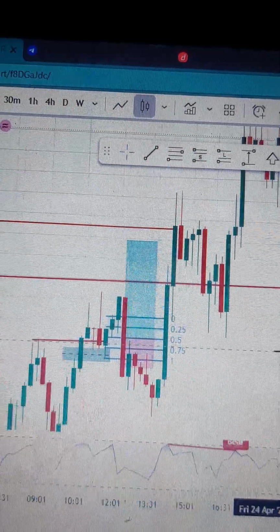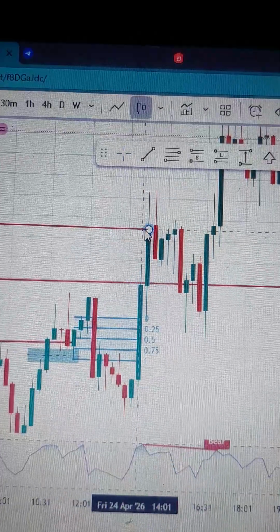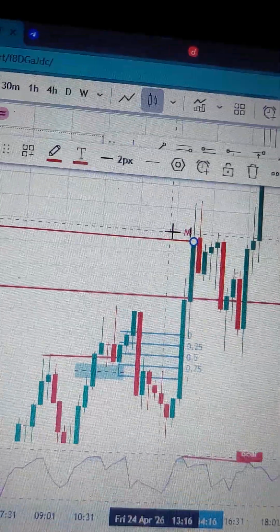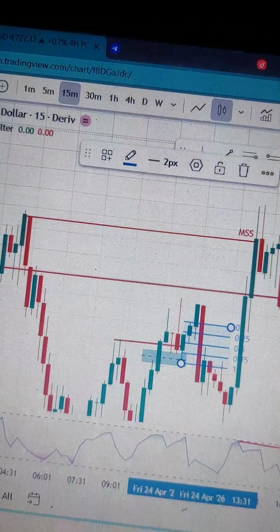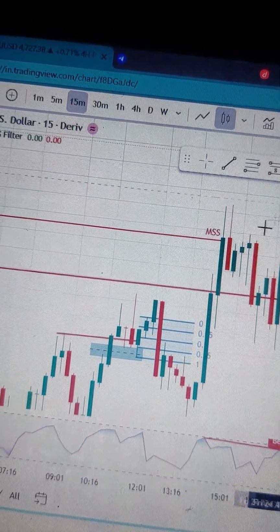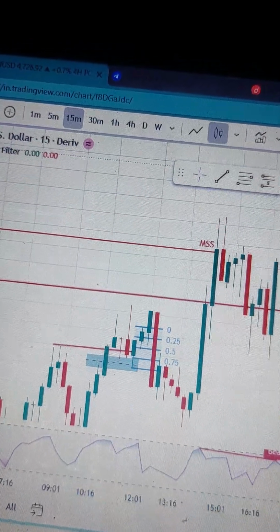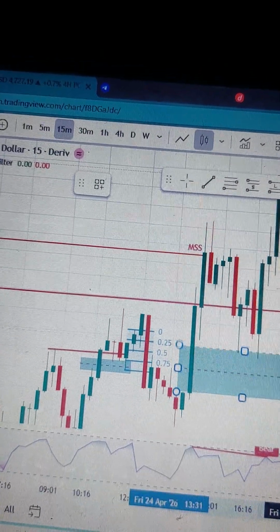However, after that, we were looking for another setup, especially after this market structure shift, to confirm our bullish bias. That is when we started looking for other opportunities, and the opportunity was right here on this fair value gap.